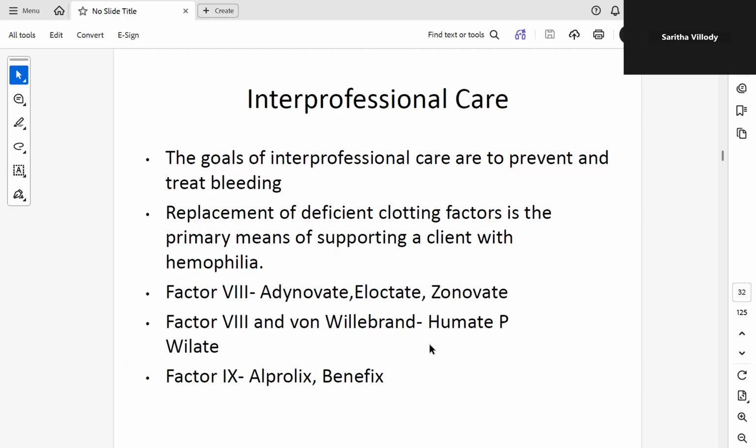So these are some of the products we use, and factor 9 replacement is BeneFIX. You don't have to memorize the names, but you just have to learn that factor 8, factor 9, and von Willebrand protein can be replaced, and that is the treatment for this.